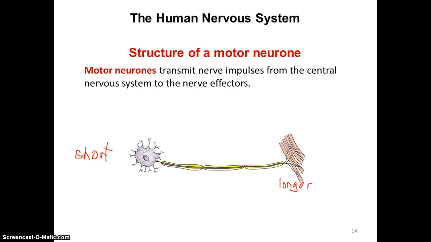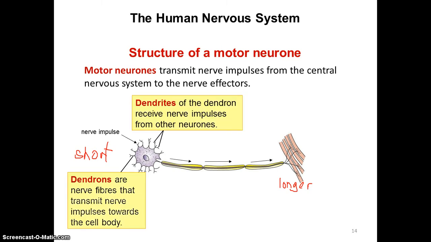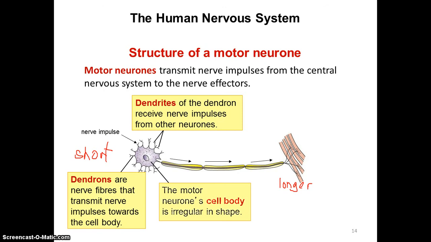How about the motor neurons? Motor neurons transmit the nerve impulse from the central nervous system to the effector. Different from the sensory neurons, the dendrites of the motor neurons are shorter.